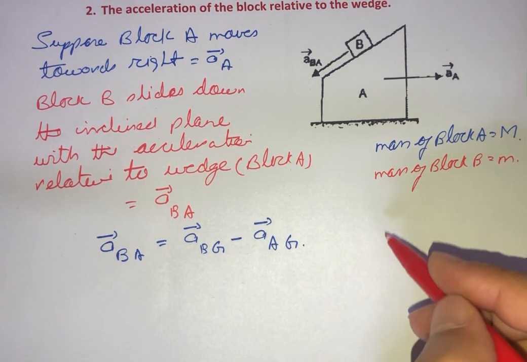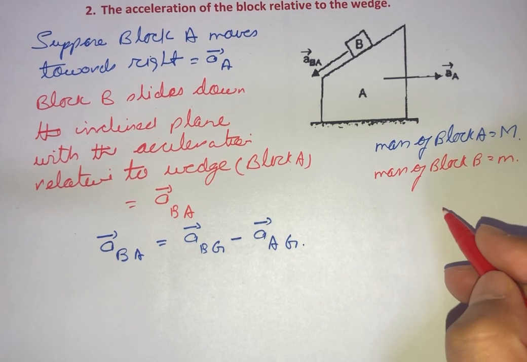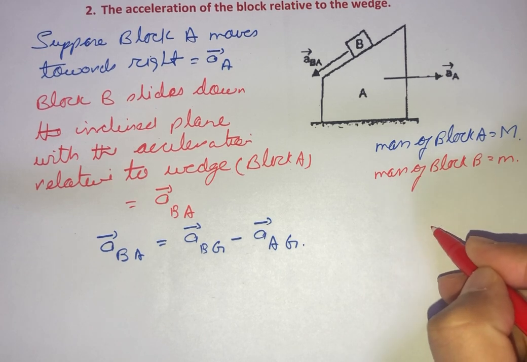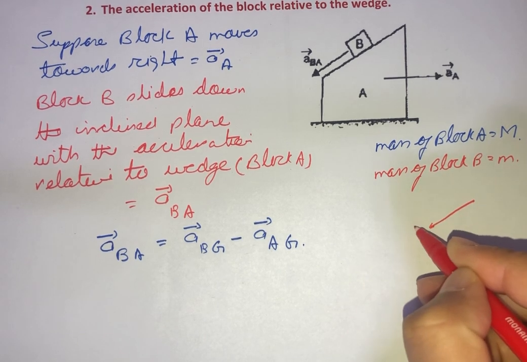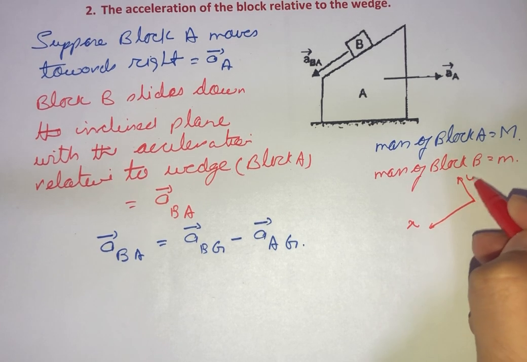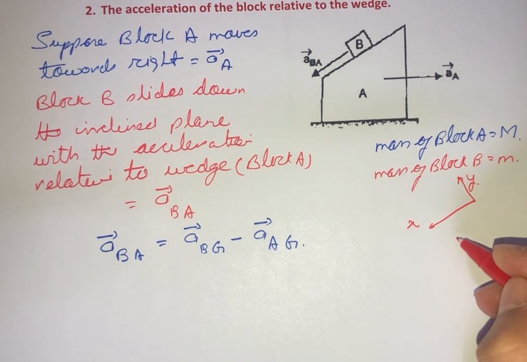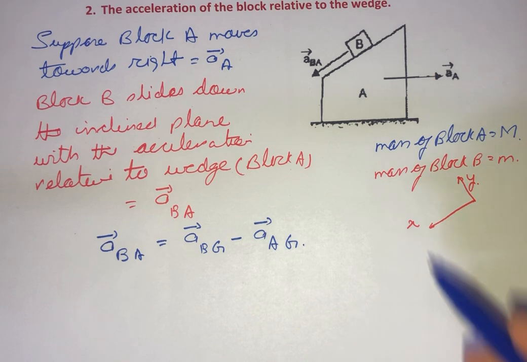So for that, we define our axes: along this inclined plane we are going to have the x axis and here the y axis. For block B, we can draw as per this axis.